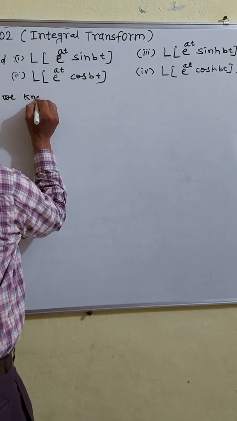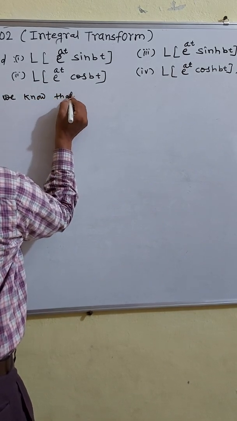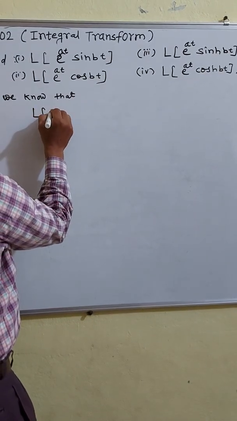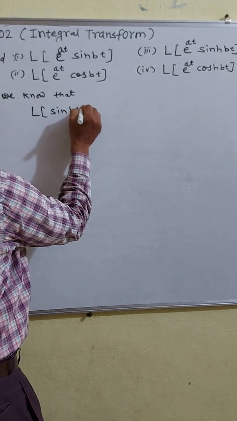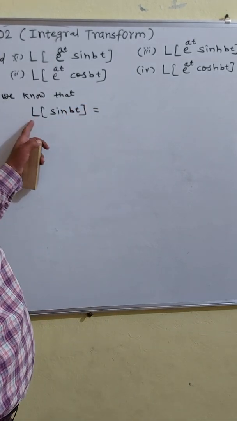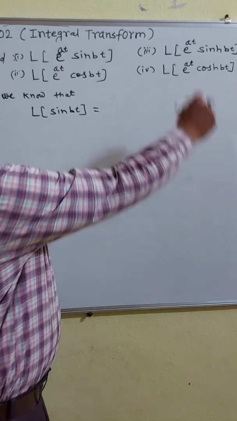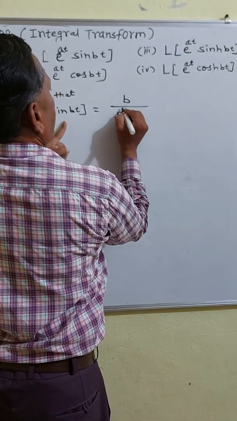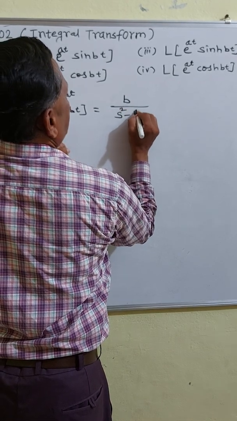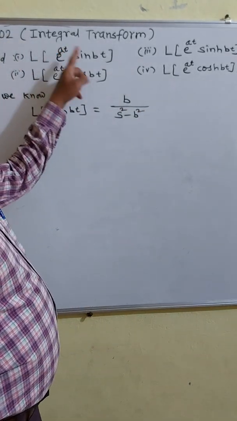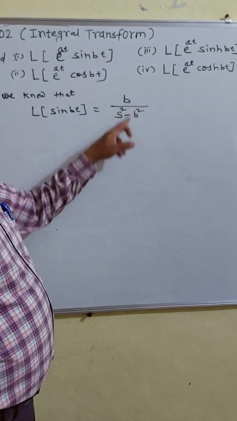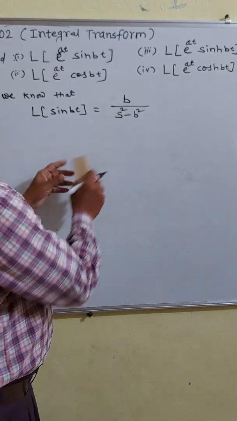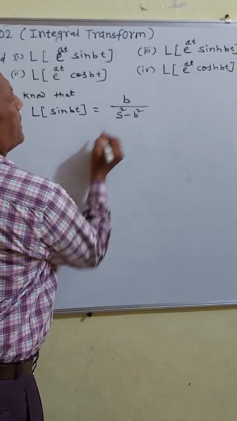Now we know that, by your standard result, the Laplace transform of sin bt is equal to b upon s square plus b square.